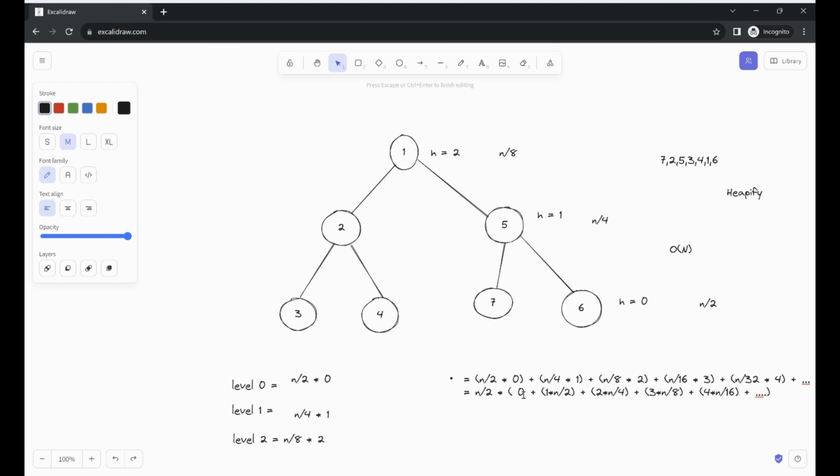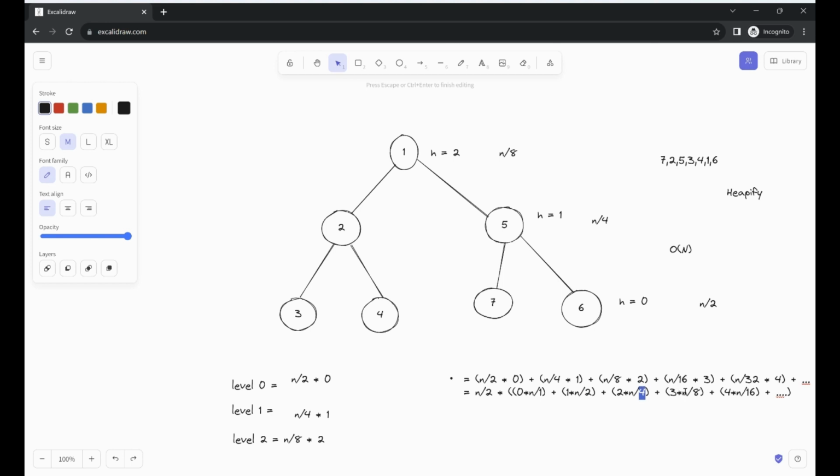So what is 0? Instead of writing just 0, we can write it as 0 into n by 1, and 1 is nothing but 2 to the power of 0. This is 2 to the power of 1.